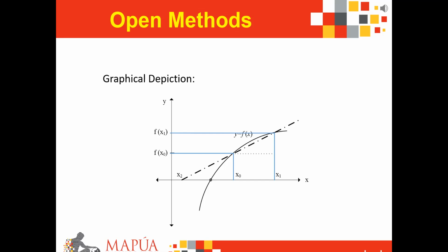In order to determine the iterative formula for x2, just like the regular false position method, we make use of this largest right triangle and apply ratio and proportion to a similar triangle, which is this yellow triangle. Or technically, we could also use the red triangle and apply ratio and proportion on this green triangle.